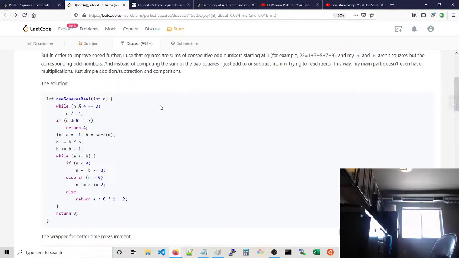Take the square root of n and get some index. Let's say n is 25. You get 5. And you take that difference. If you add these two numbers, you get this difference. Yeah, that's fine.